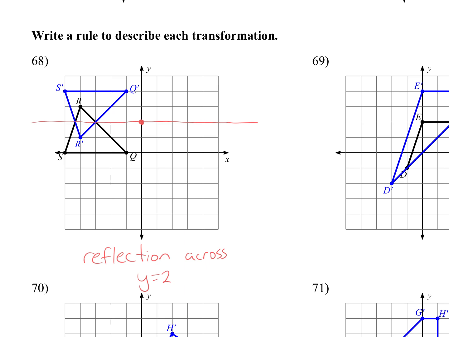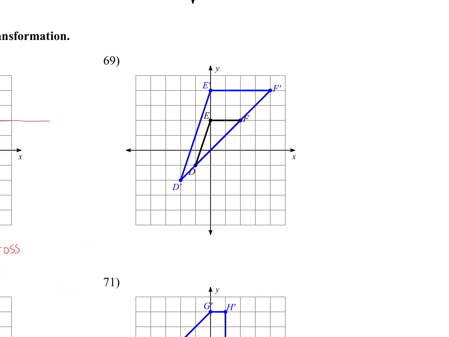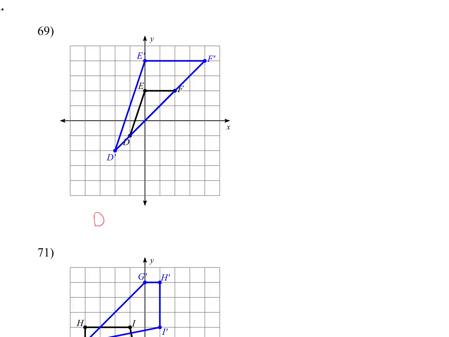69, what transformation's happening? How do you know this one's a dilation? It's just getting bigger. Biggest thing with these, again, making sure you're starting at the original. How do I figure out the scale factor? Yep, you take the new image divided by the old image. So does it matter what coordinate I pick?